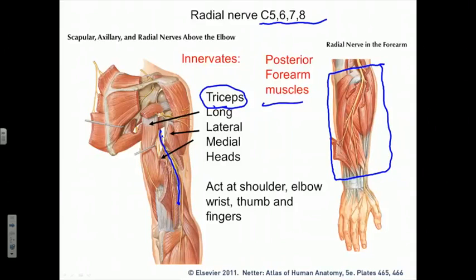But again, we can see that since the radial nerve doesn't contain T1 fibers, it can certainly innervate muscles whose tendons will extend into the hand, but it will not be the innervator of any intrinsic hand muscles based on the gradient of innervation.